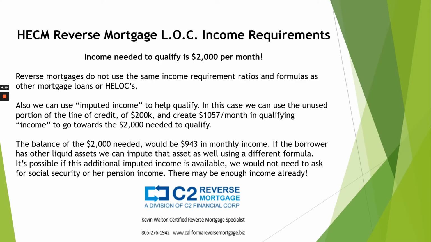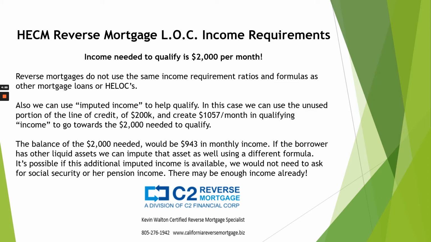Income needed for this loan was $2,000 a month to qualify, not $8,000. And why is that? Reverse mortgages do not use the same income requirement ratios and formulas as other mortgage loans and HELOCs.